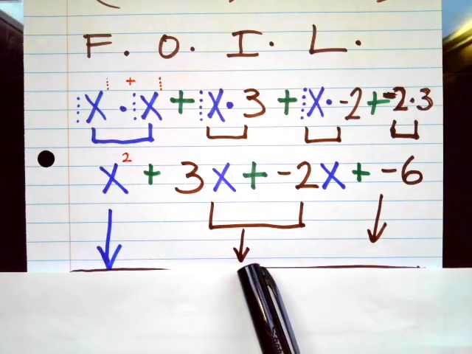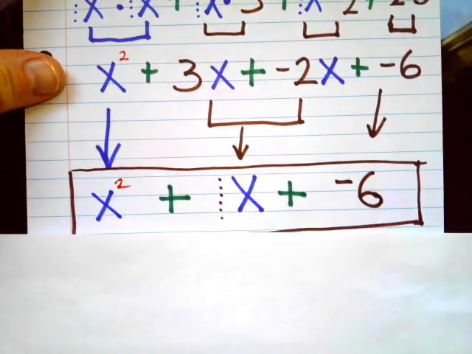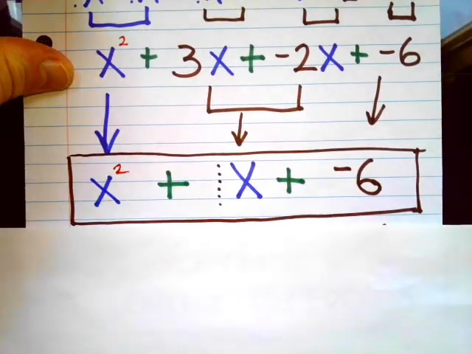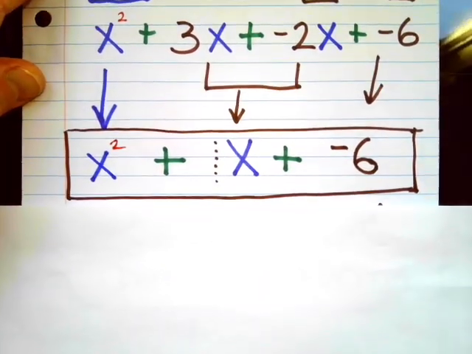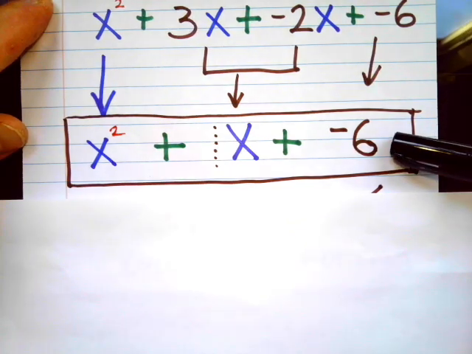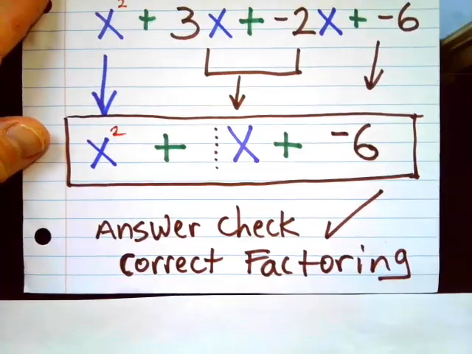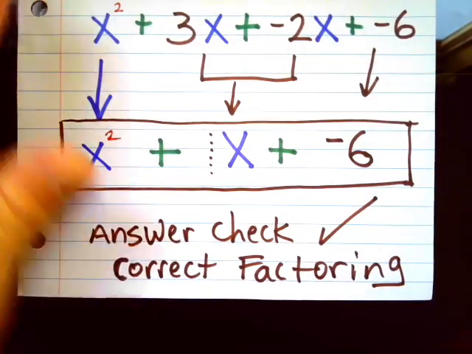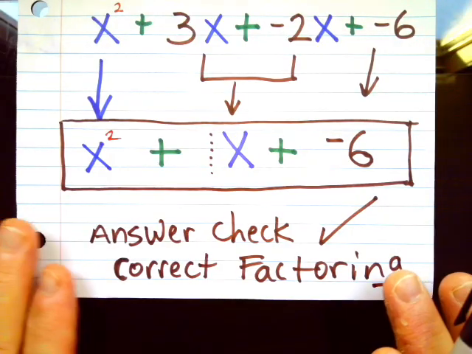How much do I have left? I have $1 remaining. x squared plus 1x plus a negative 6. Is this the same expression I started with? It absolutely is. What does that mean? My answer checks. I correctly factored.